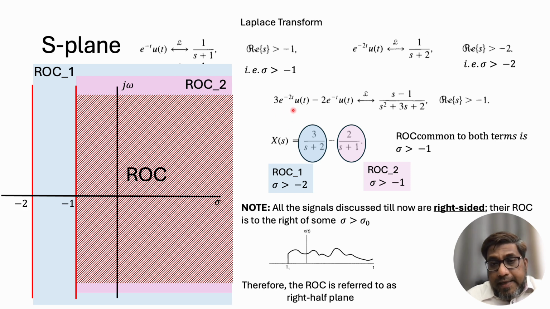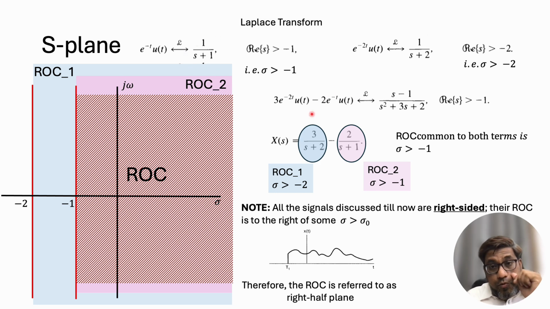For e power minus 2t u of t, the Laplace transform we saw in the previous slide is 1 upon s plus 2. So that signal, when it is multiplied by 3, we get the Laplace transform of it as 3 upon s plus 2. Similarly, for e power minus t u of t, the Laplace transform is 1 upon s plus 1.